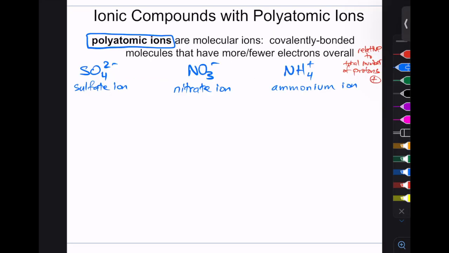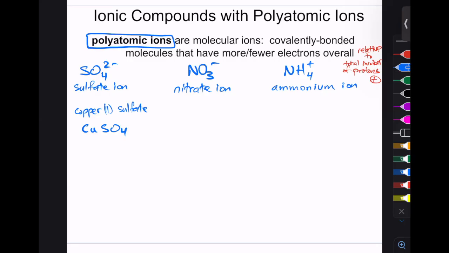So here's an example. You'll be using this in lab soon enough. This is what we call copper 2 sulfate. Copper 2 sulfate, written, looks like this. It looks really complicated, but it's not copper sulfur tetroxide. It's copper 2 sulfate, and you'll be learning the naming of that and what it means.